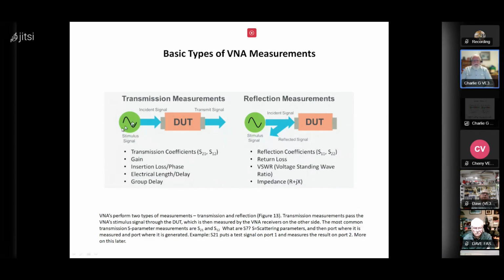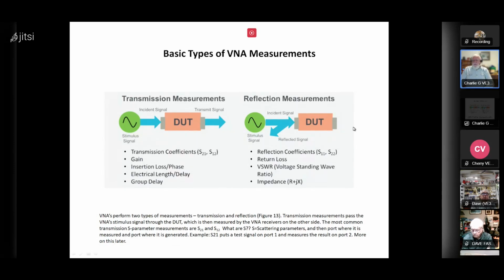If the signal's going through a device, we can look at gain or loss, how the phase is impacted, is there some electrical delay, and group delay. That is how the delay varies with frequency of whatever we're putting through that device.